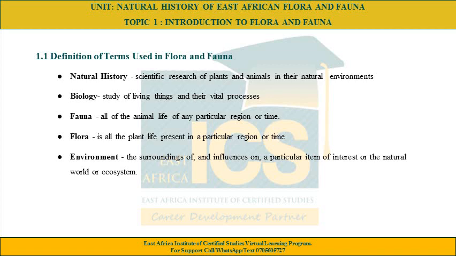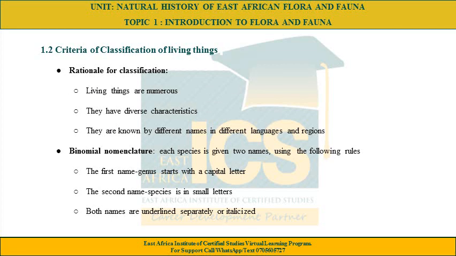Let's now discuss the criteria of classifying. Basically, there are various criteria which are used in classification. Taxonomy in a broad sense is the science of classification, but more strictly the classification of living and extinct organisms, that is biological classification.